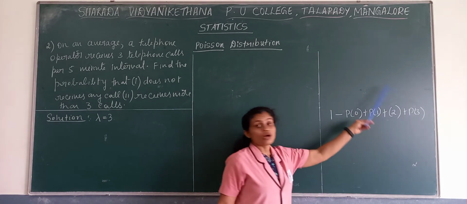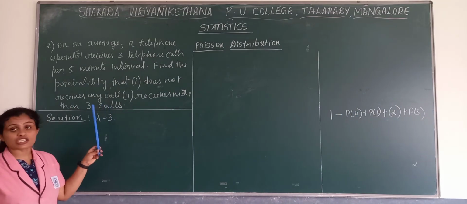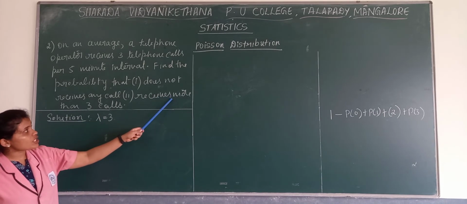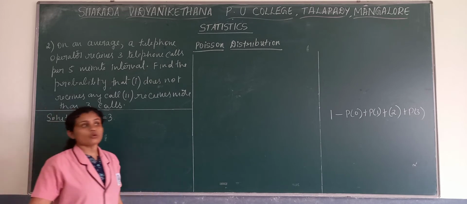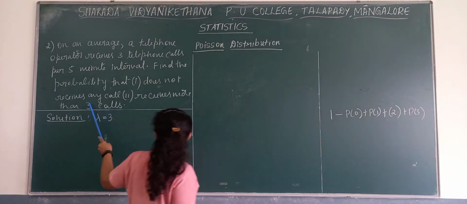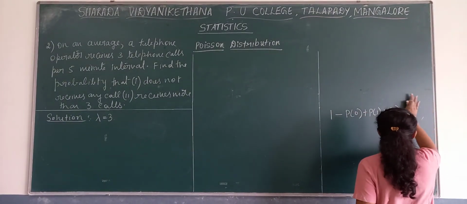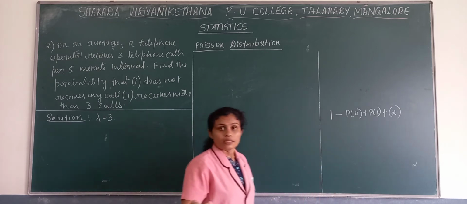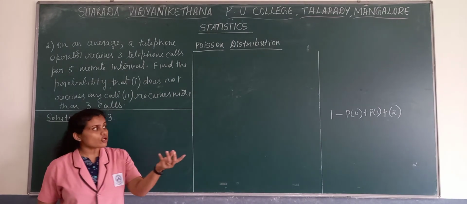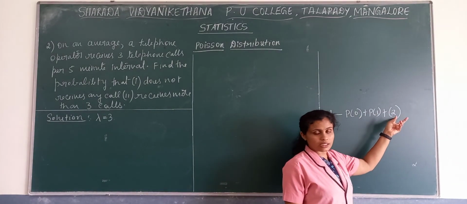In case of Poisson, the difference between binomial and Poisson will come in case of receiving more than 2. For example, if they give the question as 2 or more, 2 or more means 3 or more. They have given more than 3. If 3 or more is given, this 3 we should not include. The possibility of receiving 3 or more, so we need to deduct no calls, 1 call and 2 calls.